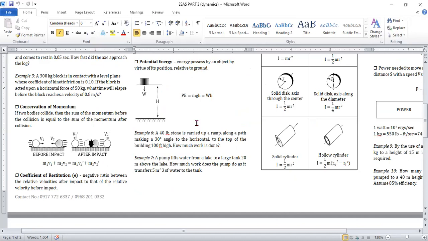This is number 7. So this would be the pump, and of course the height is 20 meters.